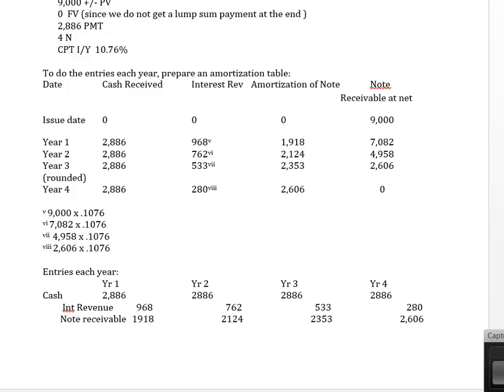So in the next payment, that we get 2886, if we do our calculation, there would probably be some rounding involved here, but in any case, we're calculating 2606 multiplied by our implicit rate, and that will calculate $280 in interest that's included in this 2886 payment. So that means that 2606 of this 2886 payment is paying down our note receivable, so we have nothing left in the note.